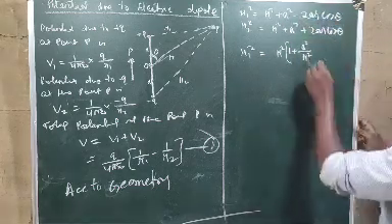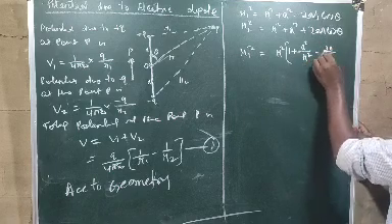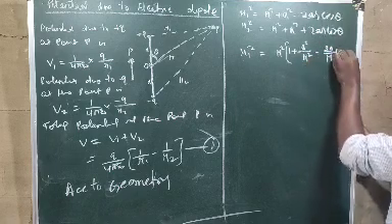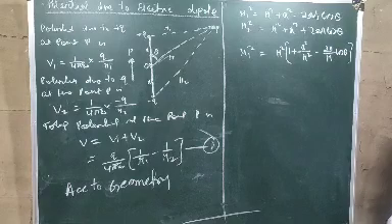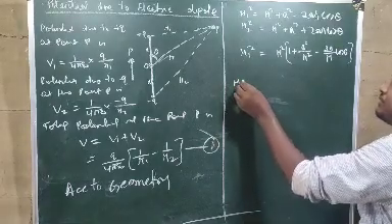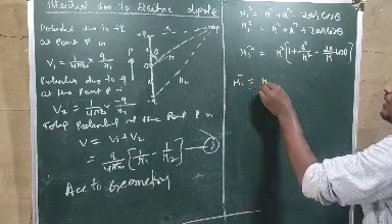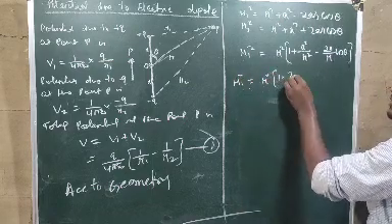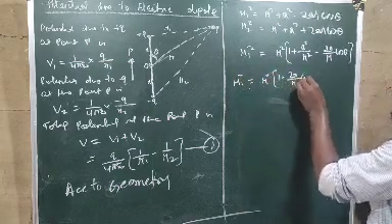Then minus twice A by R cos theta, where we multiply by R and divide by R. Now R1 square will be equal to R square times 1 minus twice A by R cos theta.